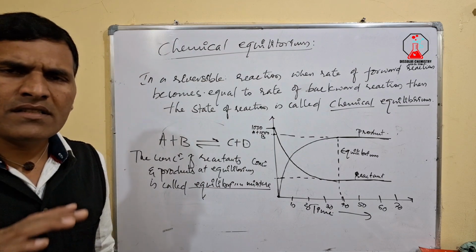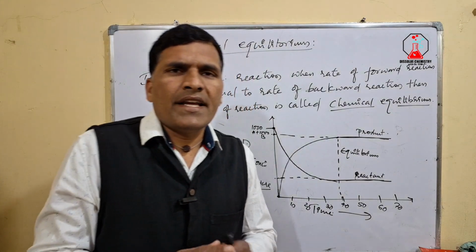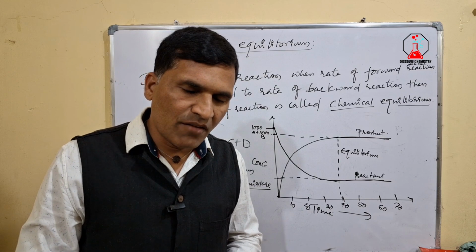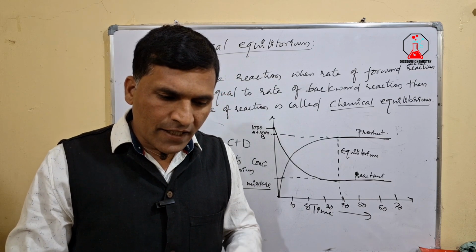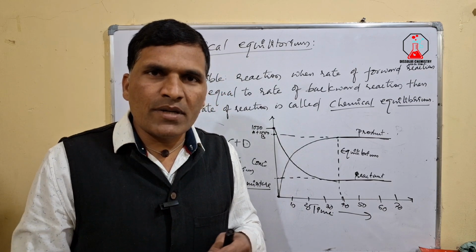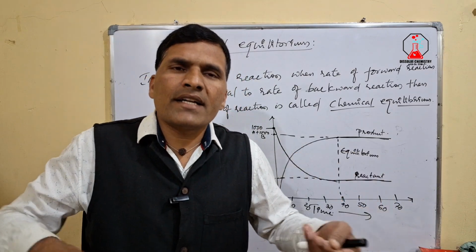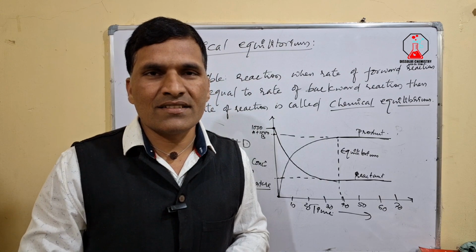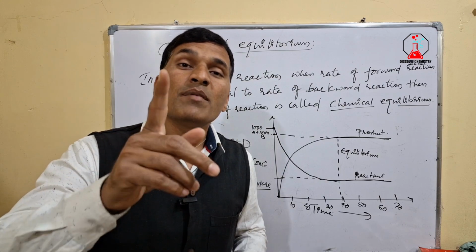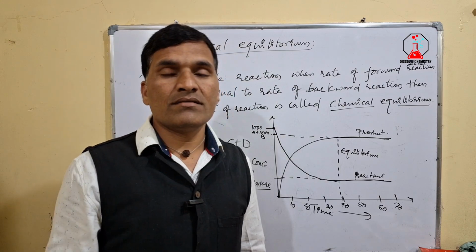Now, is this equilibrium dynamic or static? Dynamic meaning, after attaining the equilibrium, either reactants are converting into product or products are converting into reactant or not. So that question arises. Of course, the equilibrium is said to be dynamic.